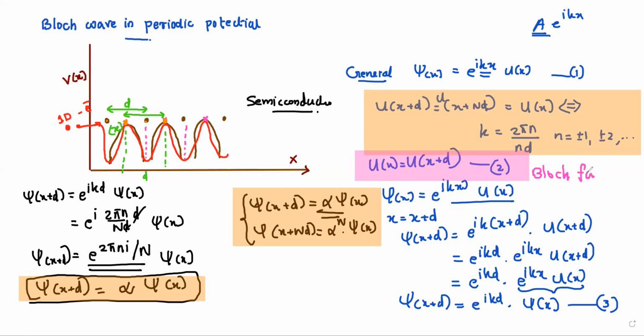A and B in C, A plus B in C, that is the Bloch theorem.